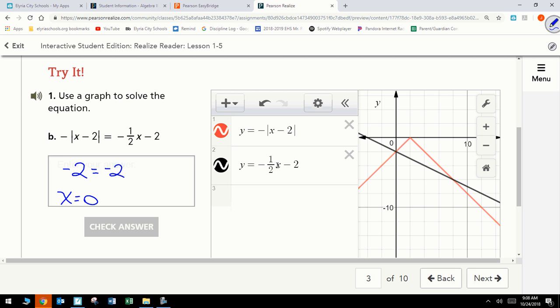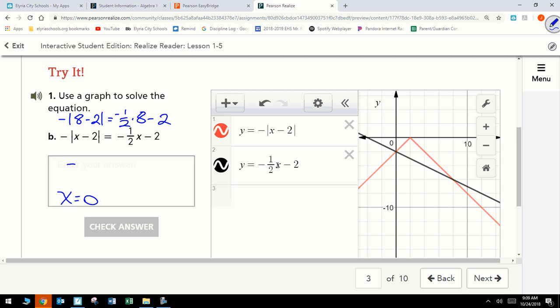So I know x being 0 is one solution. Where's my other x value where they intersect? Down here, it looks like they intersect at 8. When x is 8, they intersect again. So we'll try the same thing. If I plug 8 into this, 8 minus 2 is 6.